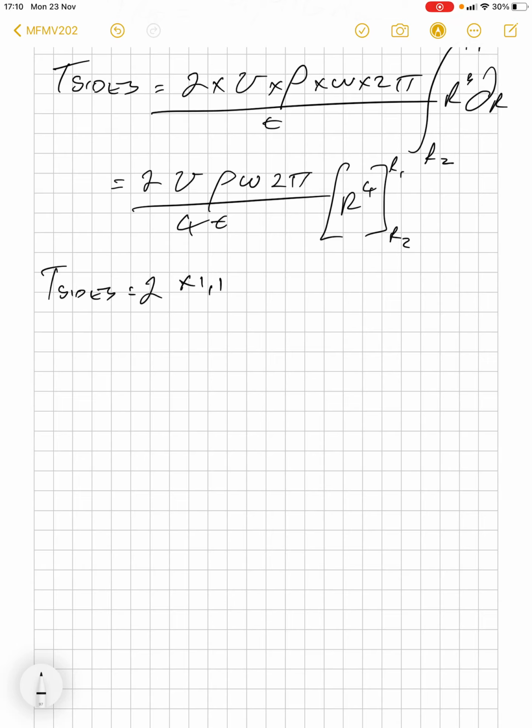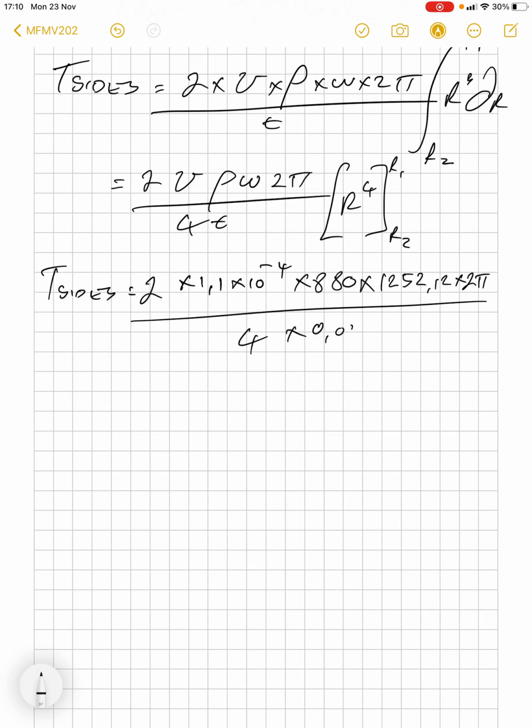times 1,1 times 10 to the minus 4, and that's 880 times 1252,12 times 2 pi over 4 times 0,0015 times 0,125 to the 4 minus 0,025 to the 4.